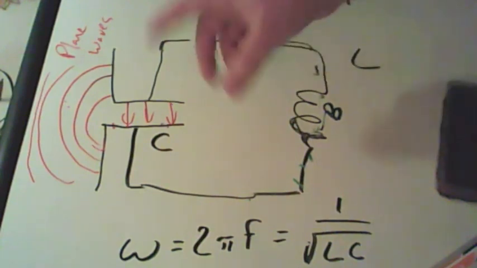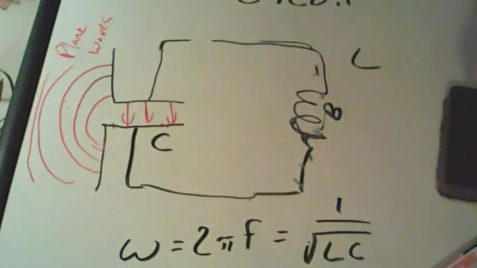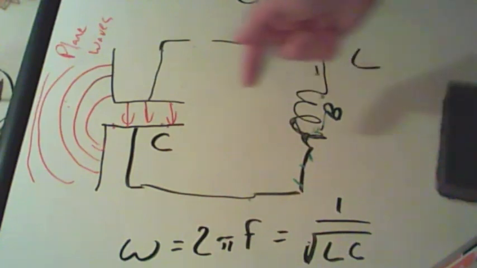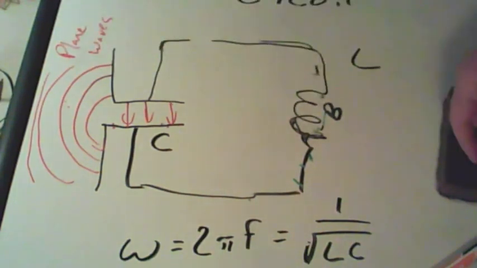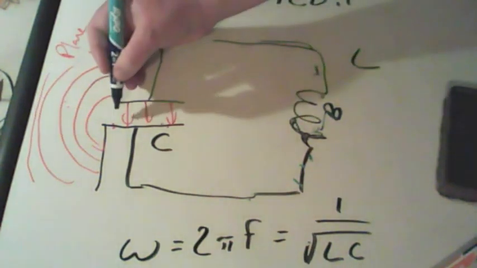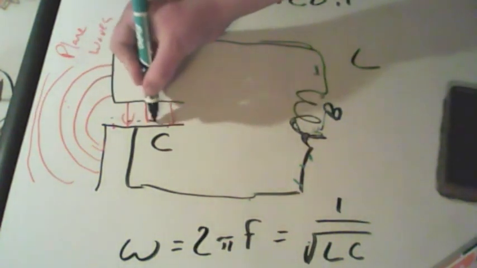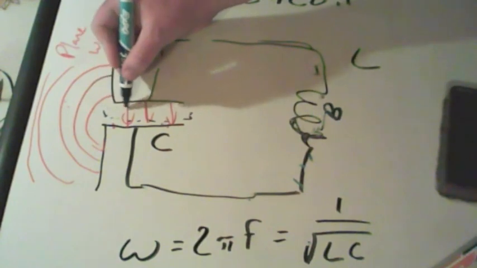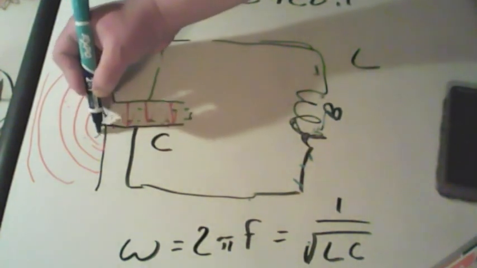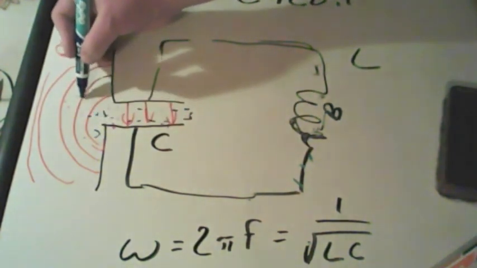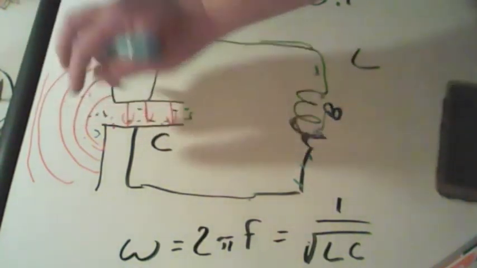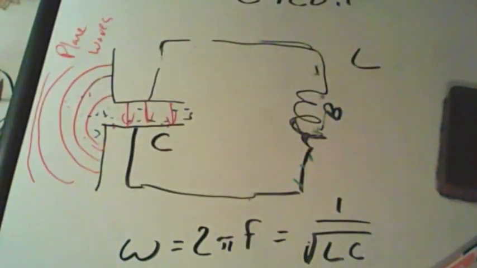Another thing that happens is as electric field changes, you induce a magnetic field in the opposite direction. So perpendicular here, we induce a magnetic field that encircles the capacitor and essentially encircles the plane waves.